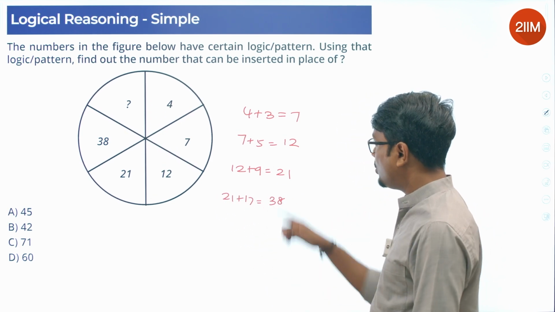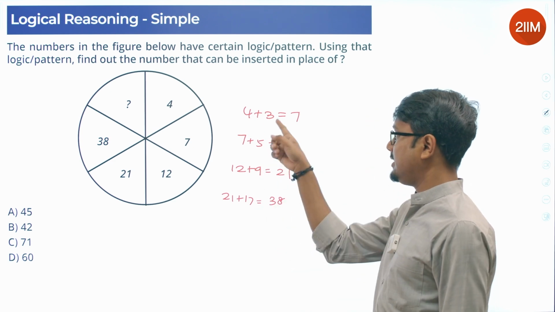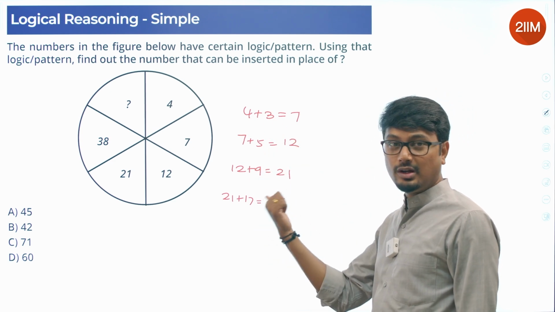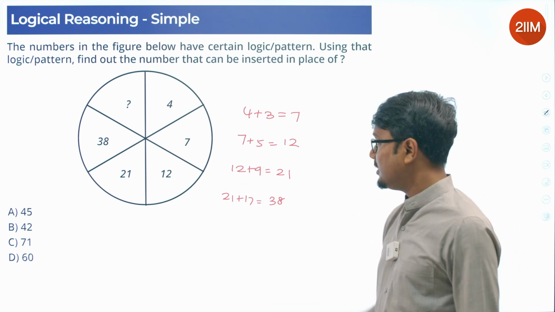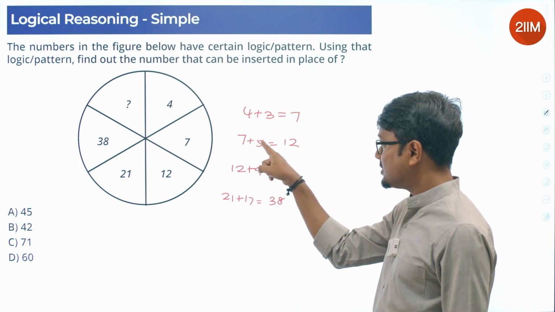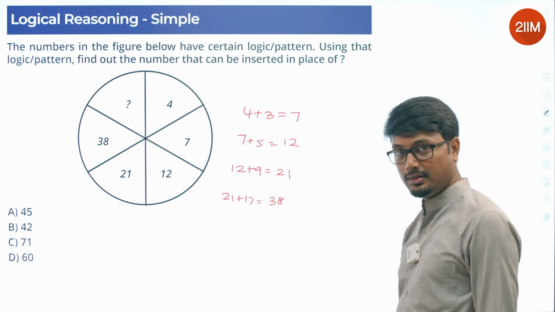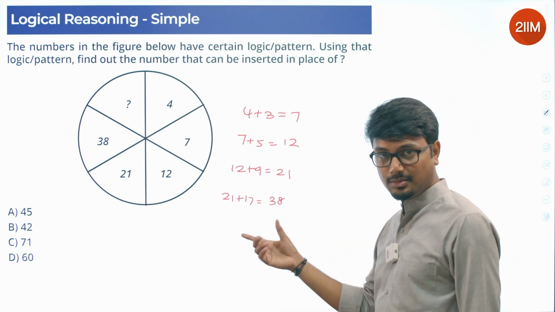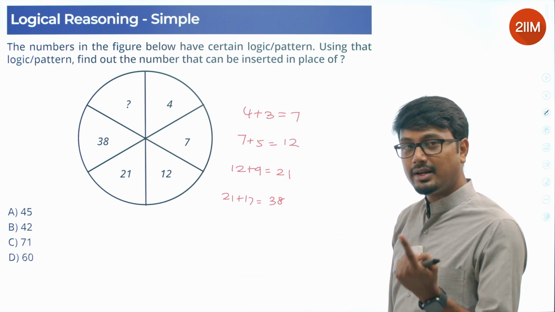So these numbers are getting added up. 3, 5, had it been 7 or 11, we'd say prime numbers, but 9 is a composite number. So we cannot confirm the next answer by this process. We'll try to confirm in some other way.